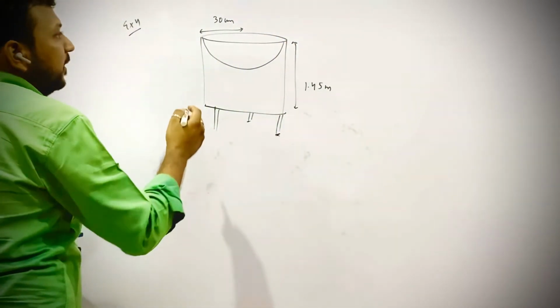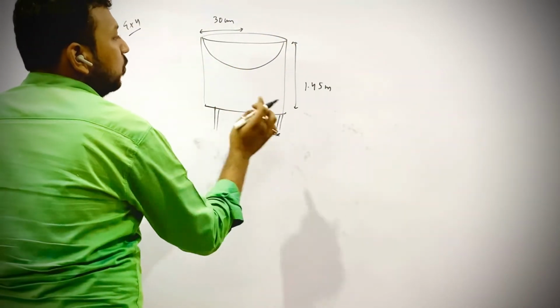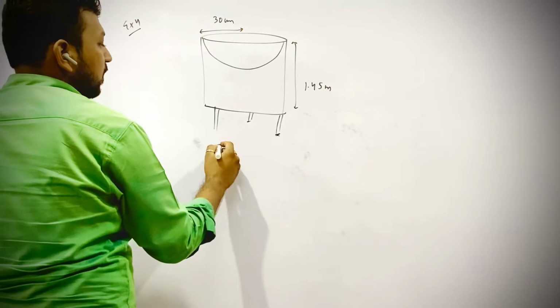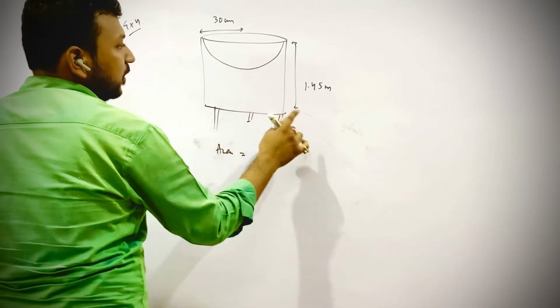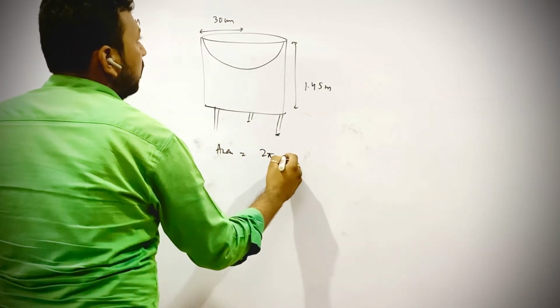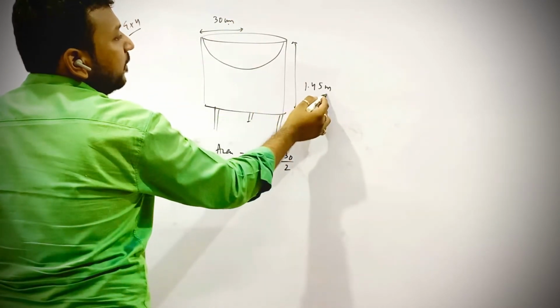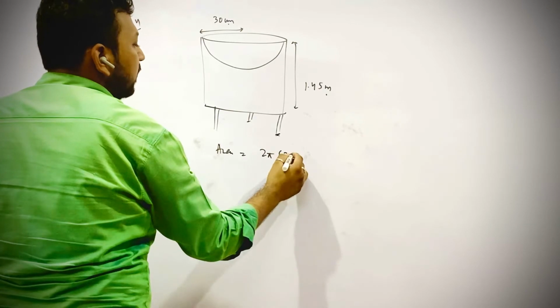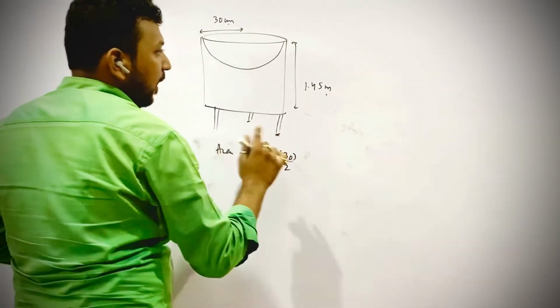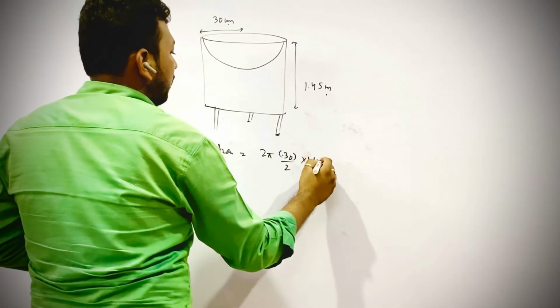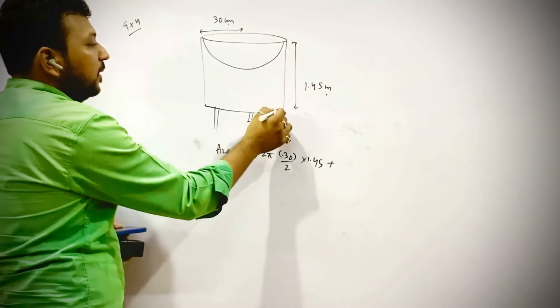So what will be the answer? So this is how much: 2 pi r into h. So talking about the area, it is first of all 2 pi r h, and you have to convert this into meter because this is in meter. So 0.30, right? So 2 pi r into h, first thing, plus the base here.